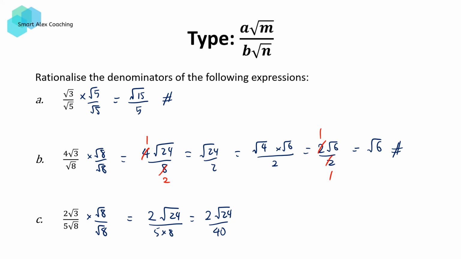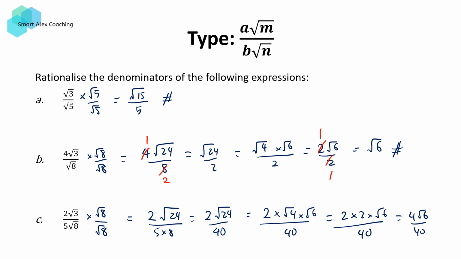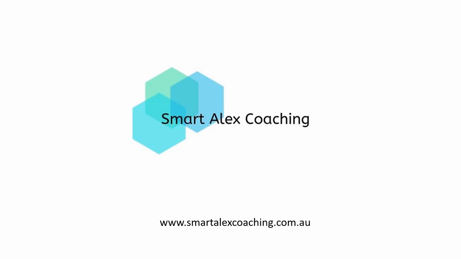Now, the 24 can be broken down again into root 4 times root 6 over 40. This gives us 2 times 2 times root 6 over 40, which is 4 root 6 over 40. The 4 and the 40 will cross off, and our final answer is simply root 6 over 10.